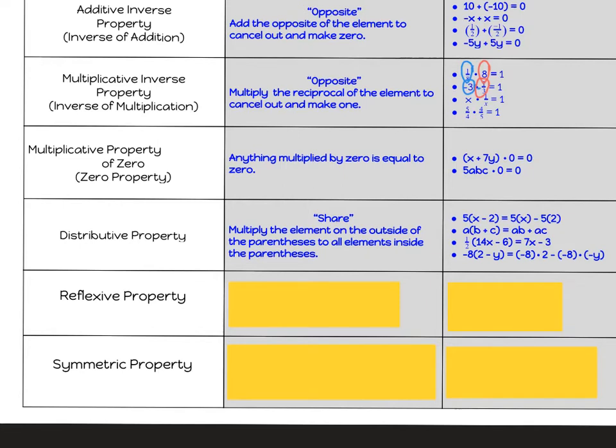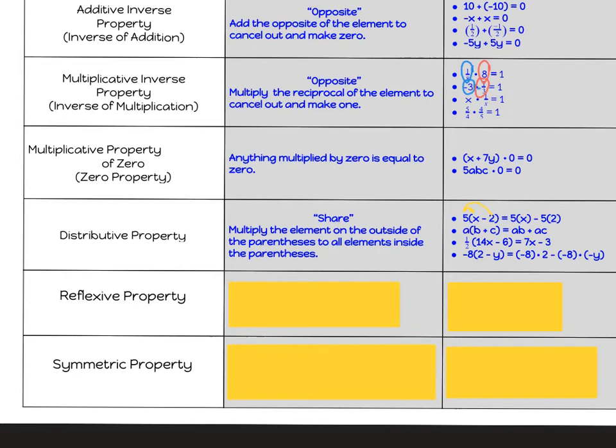And then on the right side, you can see how it was distributed. I'm going to show you that process real quick. So the 5 is going to share to the x, and the 5 is going to share to the -2. And so that's how we got what is on the right side of the equal sign.